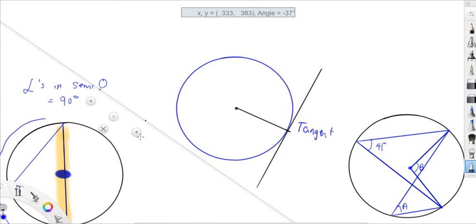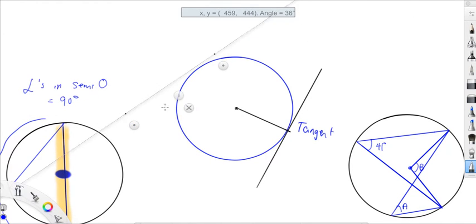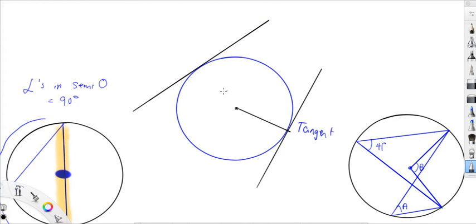So for instance, if I do another one just over here, that is another tangent line. You can have multiple tangent lines, and a tangent always touches the circle at one point.